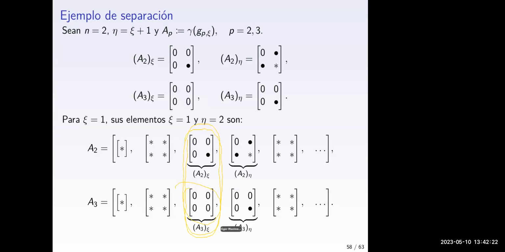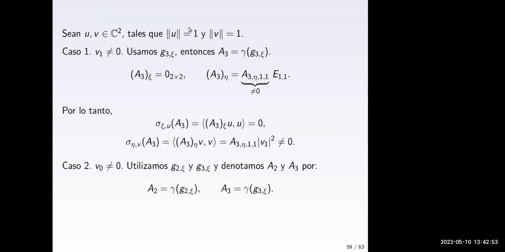And when we form linear combinations of products, all products will be 0. But for the frequency eta, these matrices are sufficiently rich. This is a set of generators. And from these two matrices, we can construct every 2 by 2 matrix, as we saw in the last result. This is the main idea.